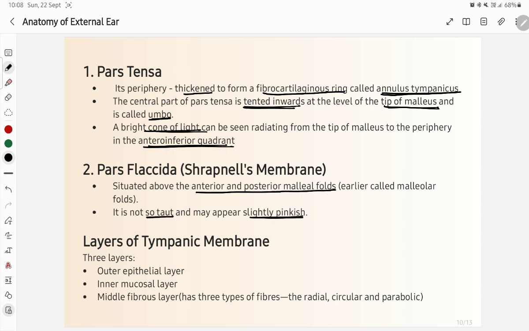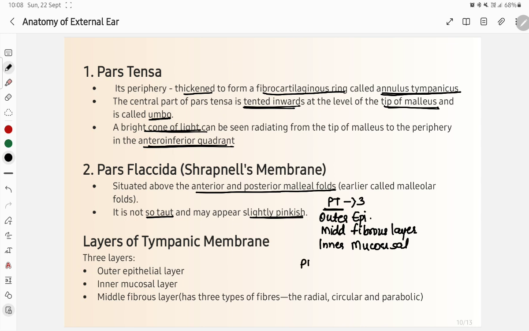Now, layers of tympanic membrane. So, there are 3 layers of tympanic membrane. In the pars tensa, all these 3 layers are present. They are the outer epithelial layer, the middle fibrous layer, and the inner mucosal layer.